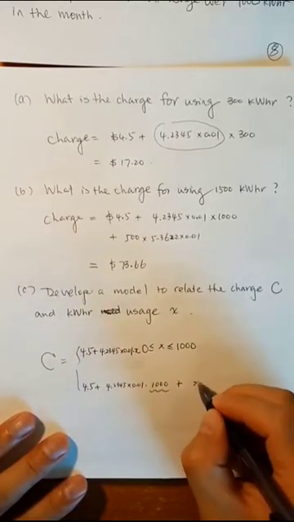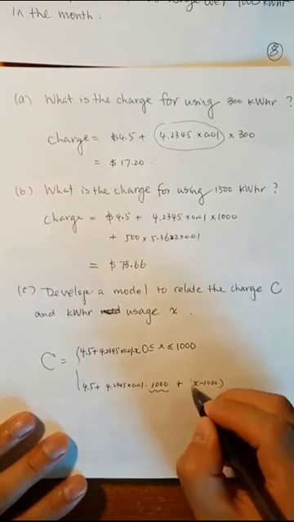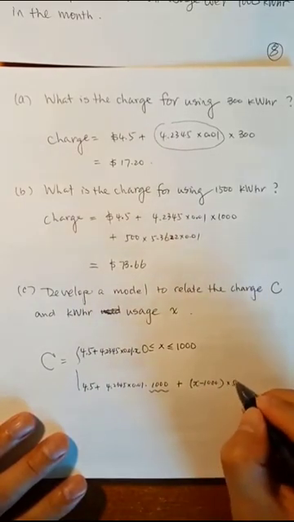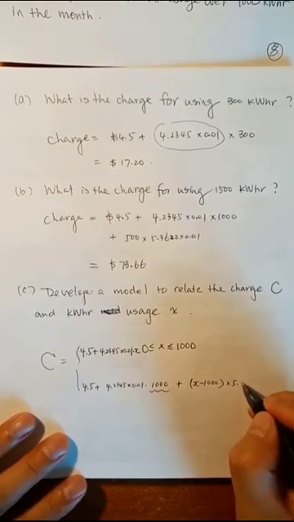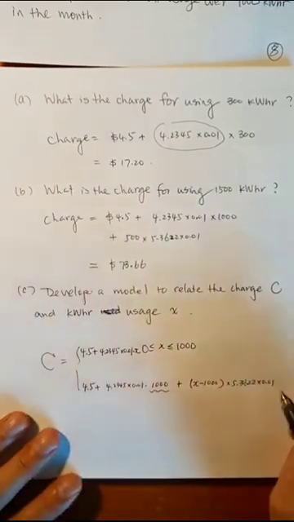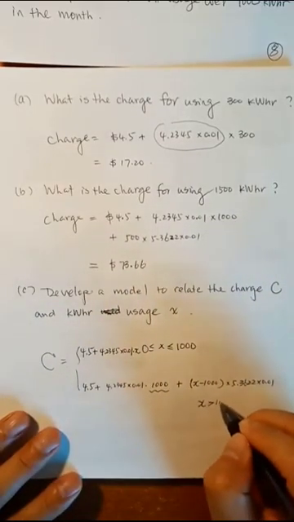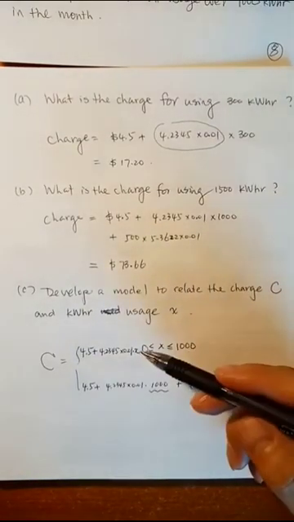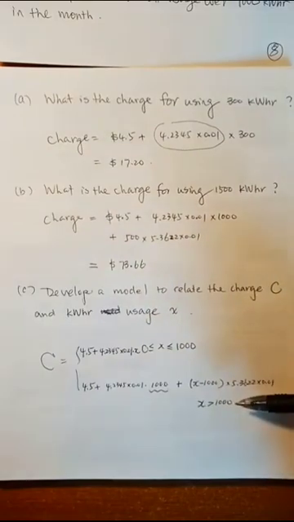After this, this is the usage after 1,000 kWhr, you have the price 5.3622 times 0.01. Okay, so this is the case when x is greater than 1,000 kWhr. So this is a piecewise defined function. In this range, you have this price policy. In this range, you have a different price policy.